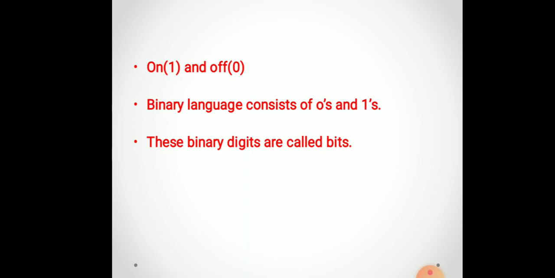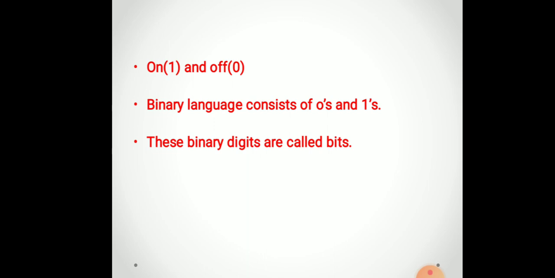The zeros and ones can be given in a sequence. This 0 and 1 are called binary language. This 0 and 1 are called bits. Either 0 or 1, 0 is a bit, 1 is a bit.